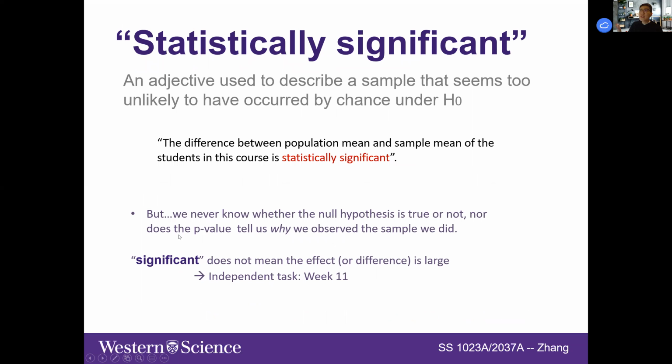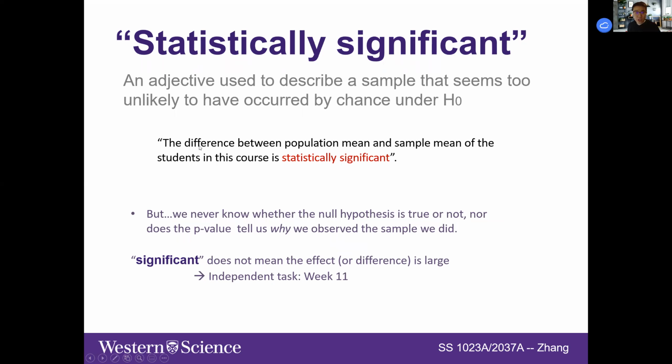So the take-home message for this part is that when we draw a conclusion about statistical significance, we need to be very careful about its meaning. When we say the difference is statistically significant, we are not saying the difference is true or not, but just saying that statistically, we are very likely to believe that there is a difference.